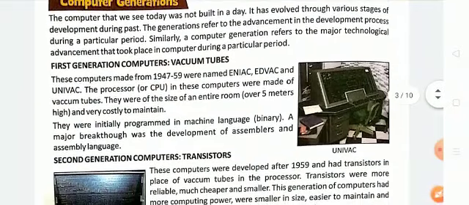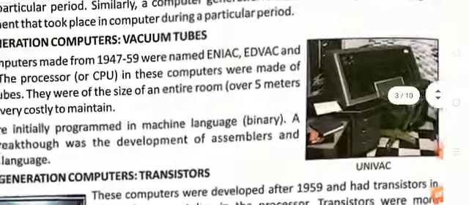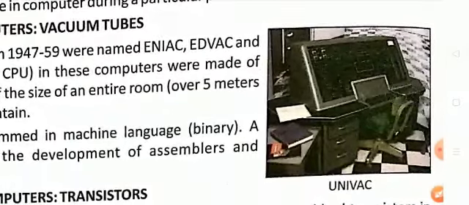And the important point is they were initially programmed in machine language. Machine language means in the form of 0 and 1. It is also called binary language. Okay, look at this picture. This is the first generation computer UNIVAC. I hope you understand.